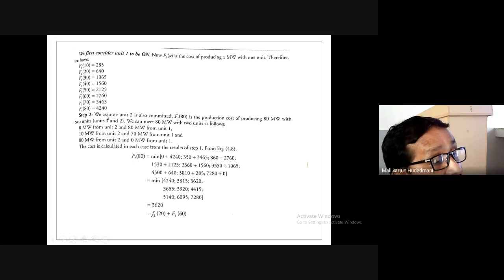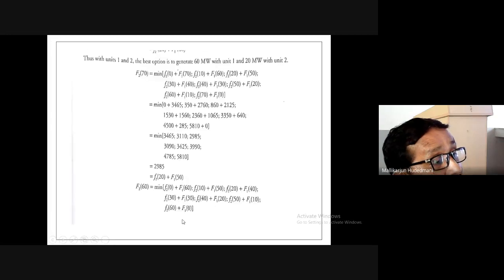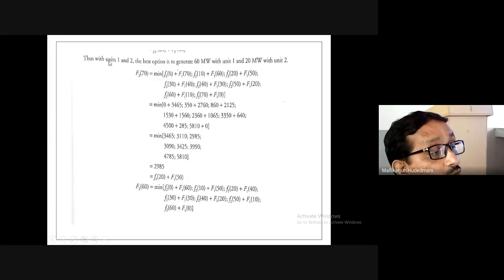So, decision 1 is only one machine. Decision 2 is machine 2 and 1 serving, this pattern is the decision 2. If I continue further, what is this? Thus, for unit 1 and 2, the best option is to generate 60 megawatt from unit 1, 20 megawatt from unit 2.